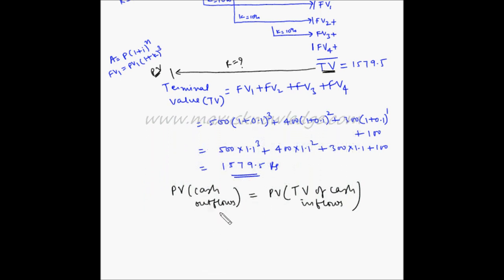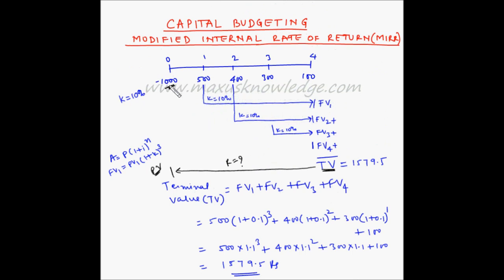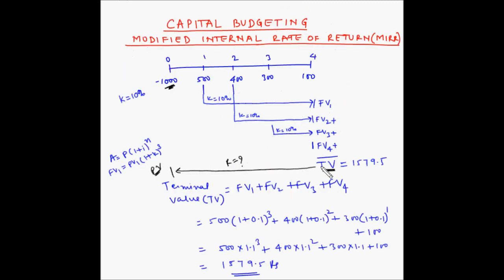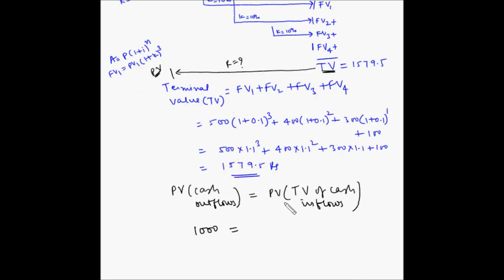Now the present value of cash outflows in our case is 1000. So this is 1000, and this has to be equal to the present value of the terminal value. So let's take this case. The terminal value has to be discounted for 1, 2, 3, 4 years. So n is 4.